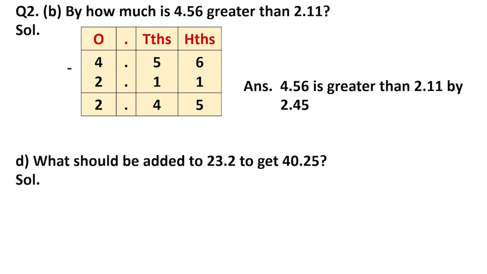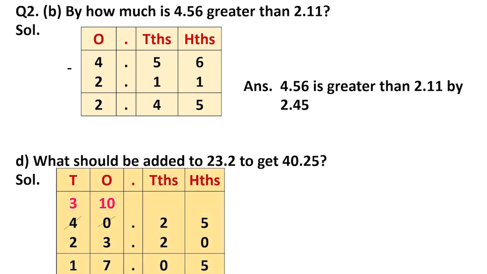Next question we have here is, what should be added to 23.2 to get 40.25? So we have arranged these values in the place value chart, and for getting this answer we need to again subtract 23.2 from 40.25.